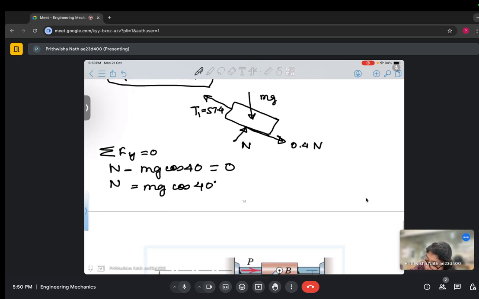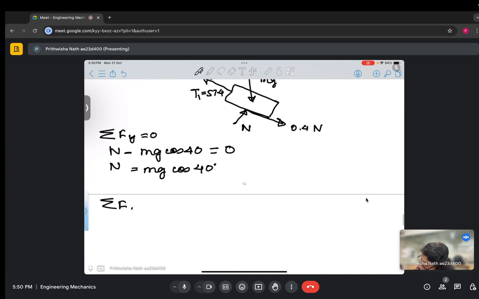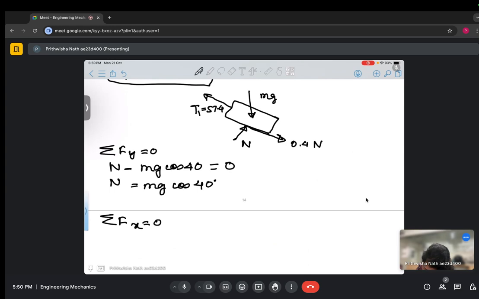Now from summation of Fx equal to 0, we can write this as minus 57.4 plus mg sin 40, and this will be 0.4 into mg cos 40. So this is equal to 0.